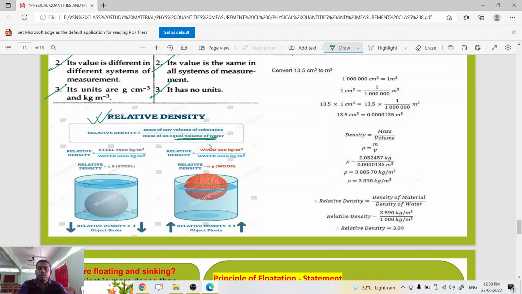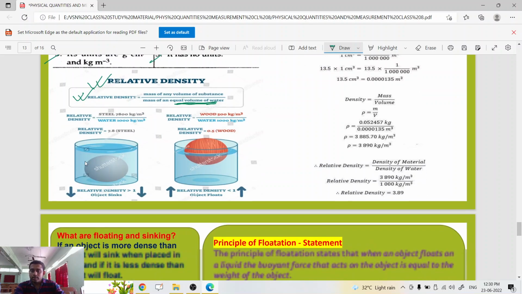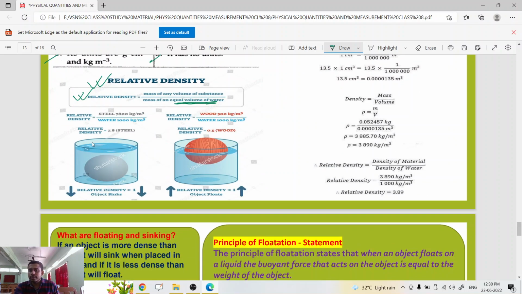If the volume of water is different from the volume of substance, then we cannot write the relation. So if for both cases, substance and water, we take the same equal volume, then we can write down the relation. Here we take two examples.